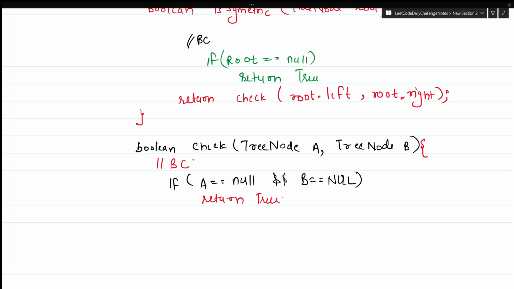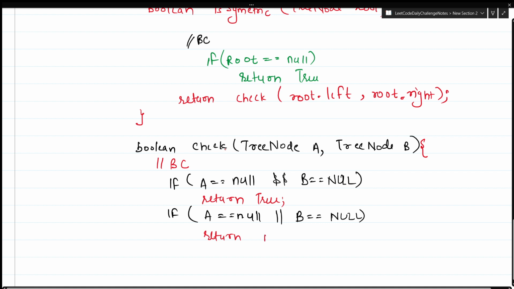Okay. If A is equal to null or B is equal to null, so from the first base case I have concluded that both A and B are null, but if only one of them is null, I need to return false.